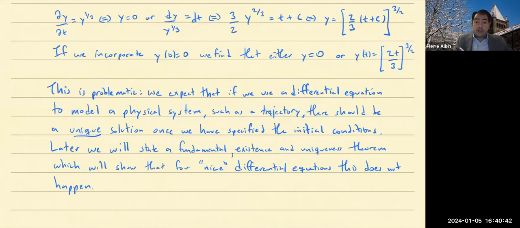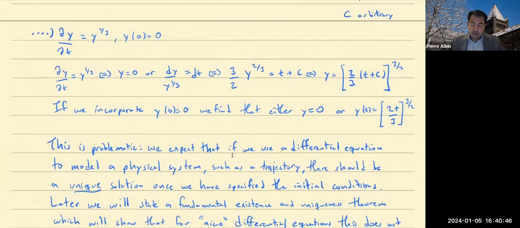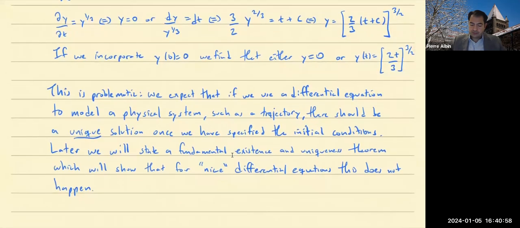Right? So for nice differential equations, if you have a first order equation and you give one initial condition, then you have one solution, right? Not like this one where you end up with two. Okay, we'll stop there and pick it up from there next time.